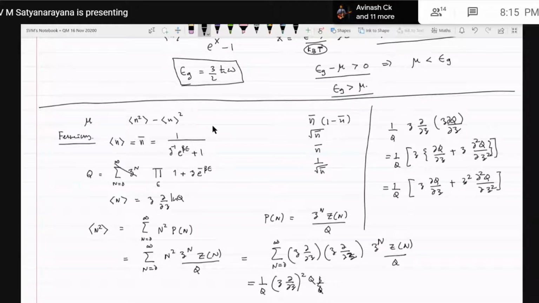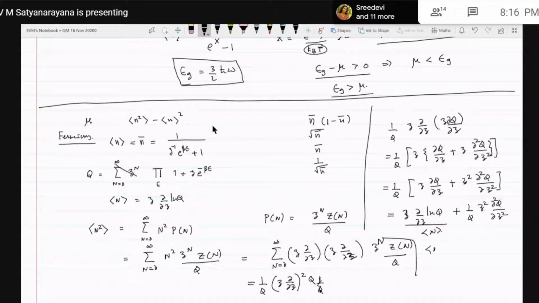Okay, so if you look at this, the first term is z into dou by dou z of logarithm of Q, plus 1 by Q into z square into dou square Q by dou z square. But this we know is average value of n.